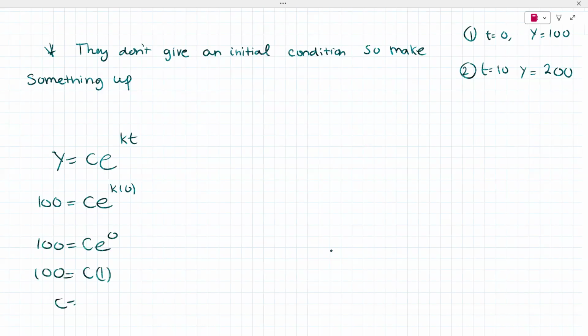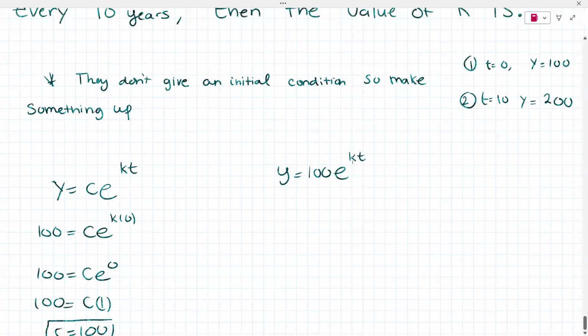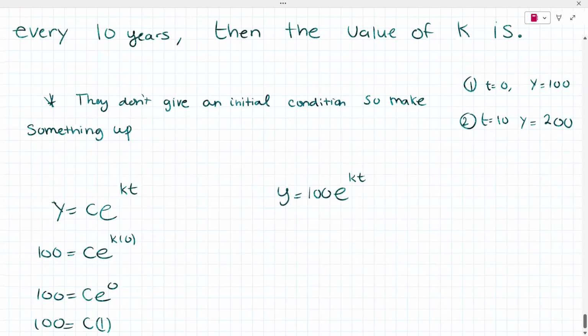So my c is 100. So it's going to be y equals 100 e to the kt. Now we're going to find our k by plugging in our second condition, t equals 10 and y equals 200.